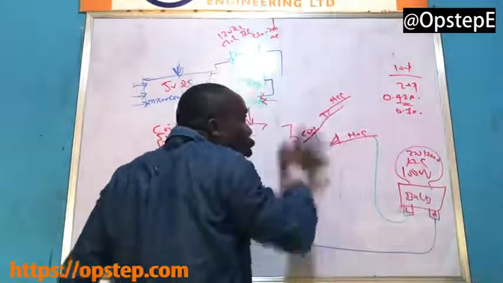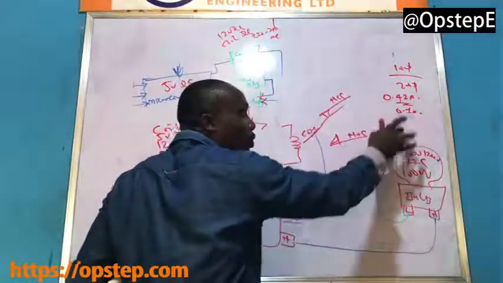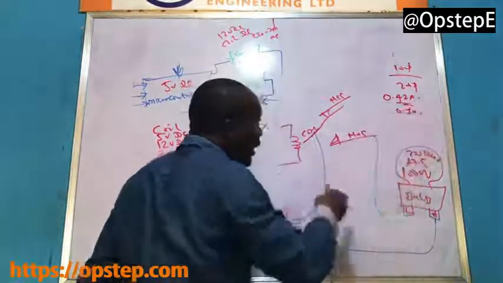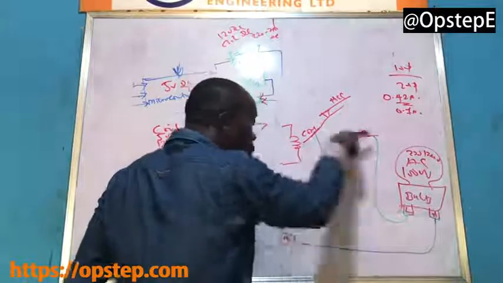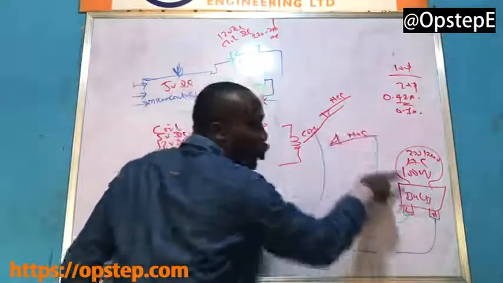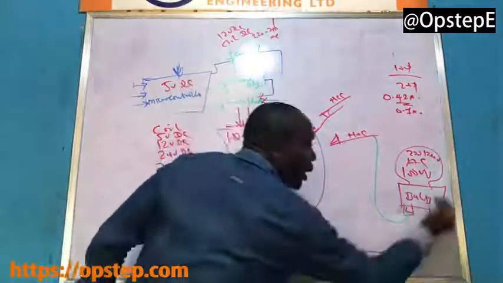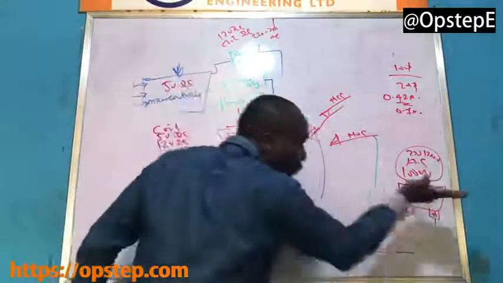But they told us that the contact of this relay can only stand 0.1 amp. What will happen is that this contact, through which the signal is supplied, through which neutral is supplied, through which light is supplied, will burn off.